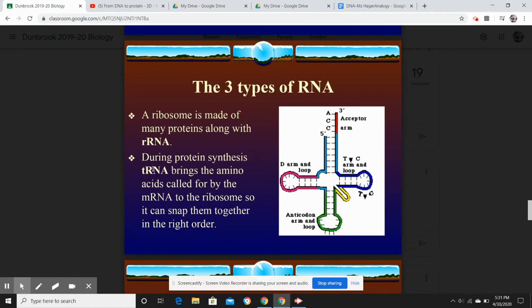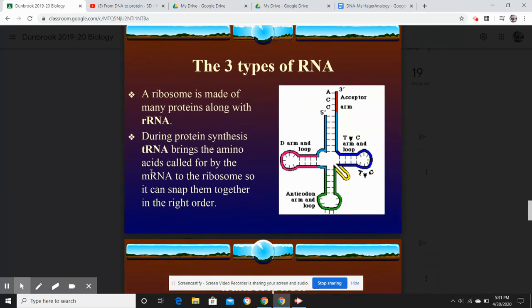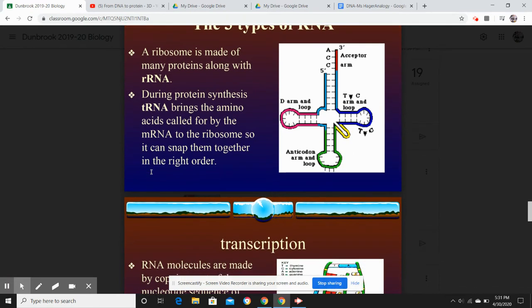Well, it got it from the pink slip, which ultimately got its information from Miss Hager, from the DNA. So the tRNA got its message from the messenger RNA, just like the office page gets its information from the pink slip. However, they all got their message from Miss Hager or the DNA. If you can keep that analogy in mind, it's going to make your life a lot easier.